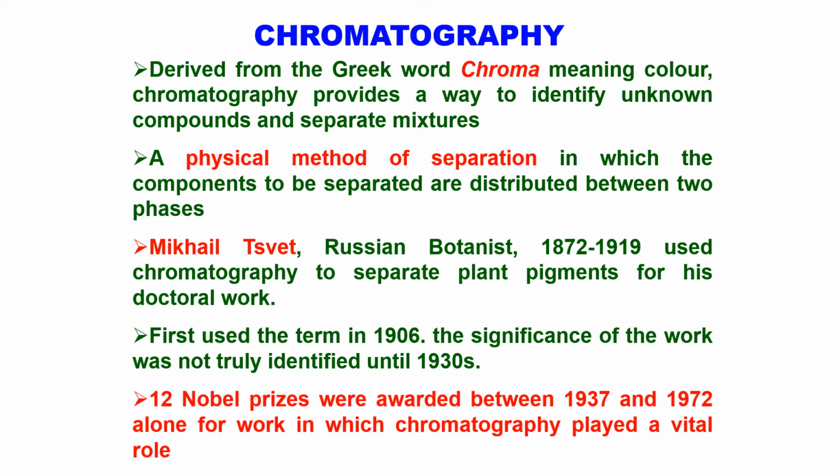The importance that it gained later on can be identified because around 12 Nobel Prizes were awarded between 1937 and 1972 for works which had chromatography as a very significant technique.